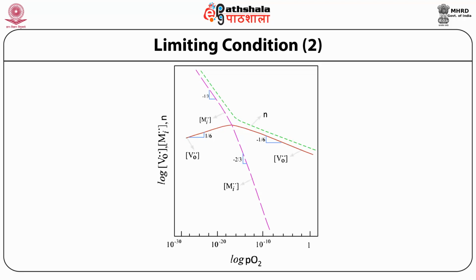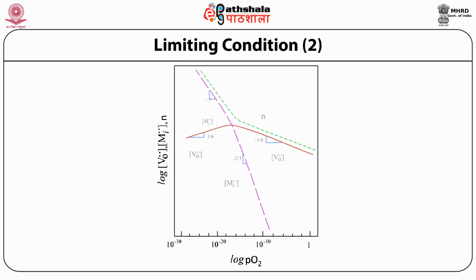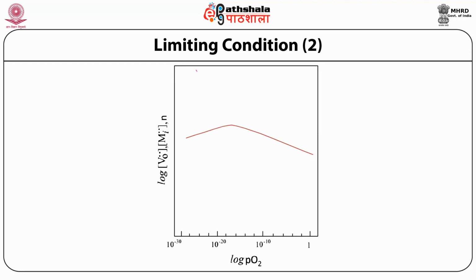Again, the concentration of defects is proportional to PO2 to the power 1/6. One can do a similar exercise for the cases when oxygen interstitial is the main defect and also when there is a mixed presence of metal vacancies and oxygen interstitials. This is left to you, the students, to perform yourselves.